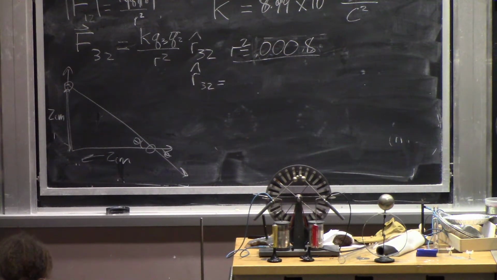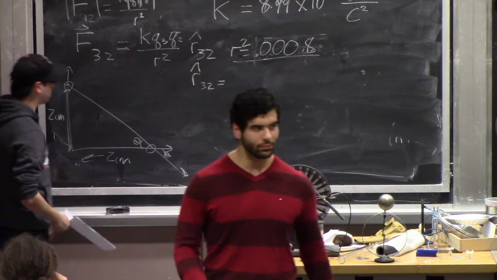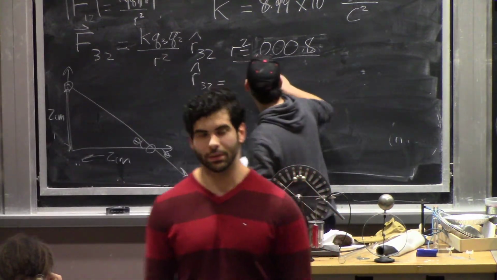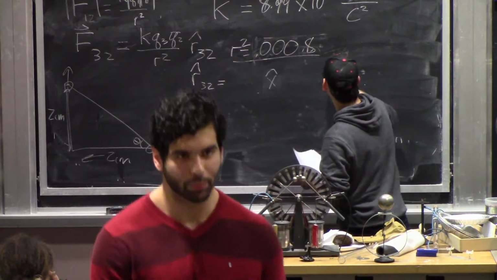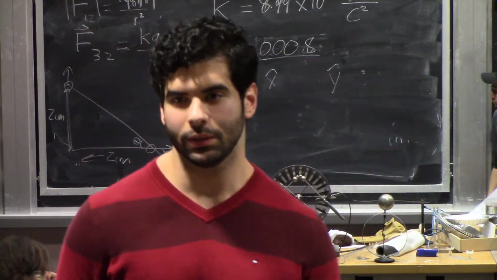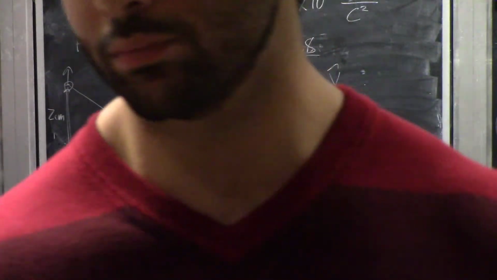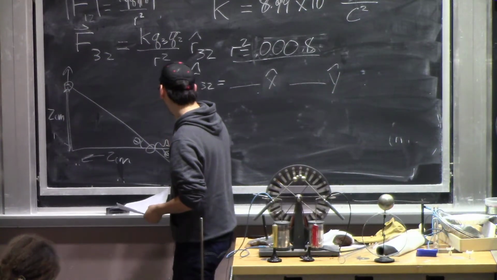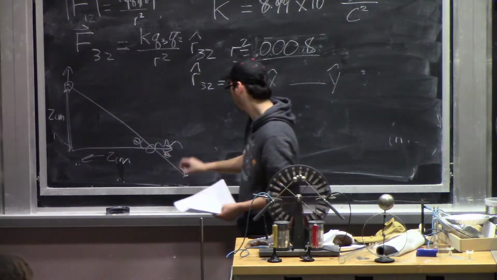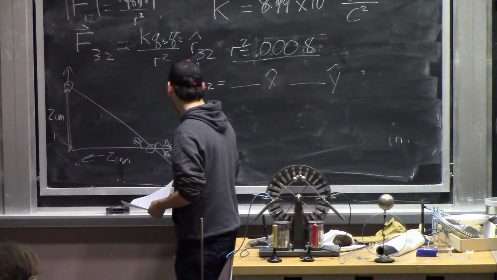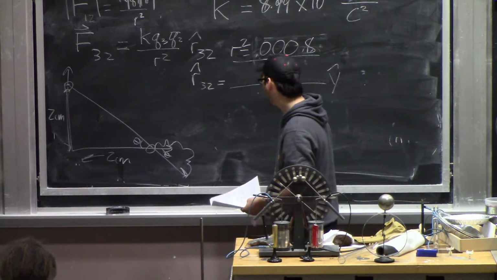Okay. All right, so let's come back to our unit vector. We know that this is going to have some part in x hat and some part in y hat, right? So now we just need to figure out how much in x hat and how much in y hat. How much in x hat is how much of this is along the x-axis, and how much in y hat is how much this is along the y-axis.